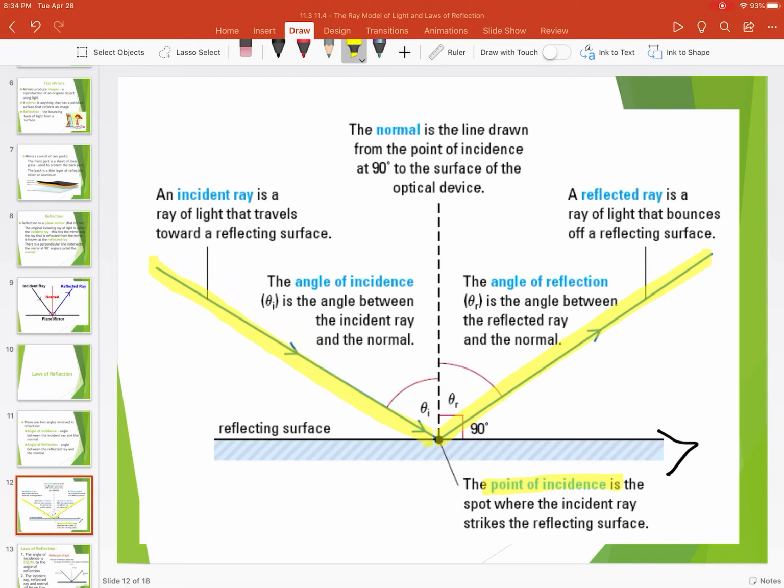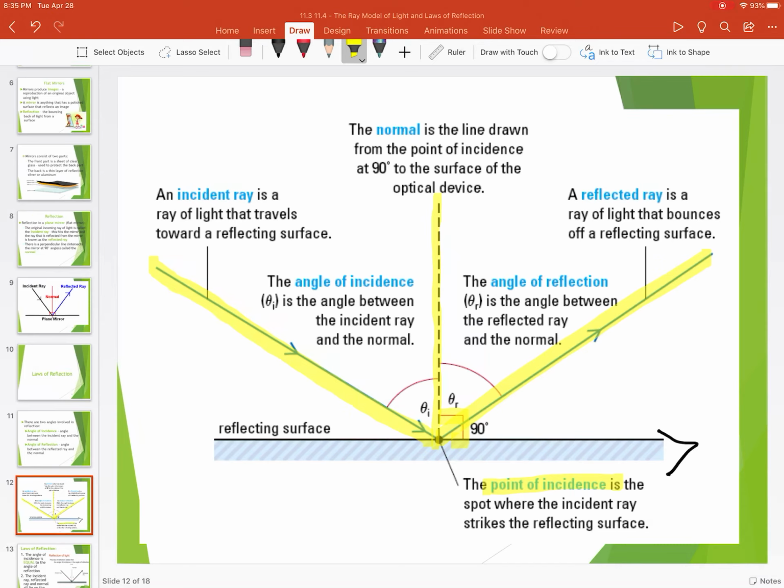The line that we see perpendicular to the mirror, this line here that comes straight down perpendicular to our mirror, means that it's a 90-degree angle here. That is our normal.